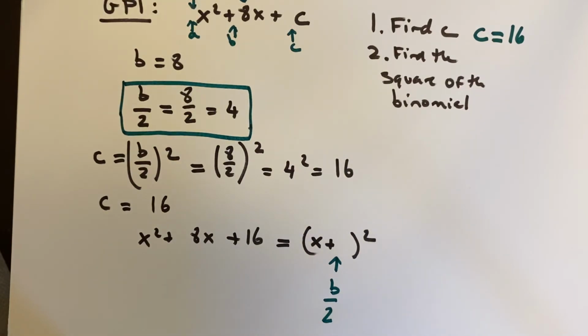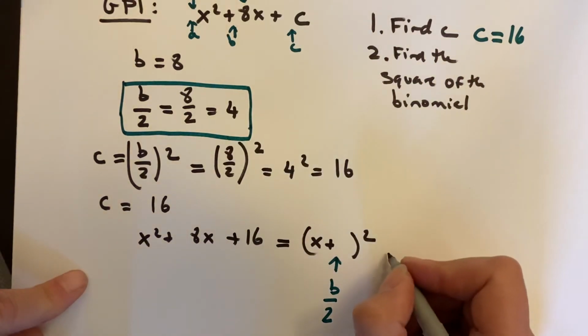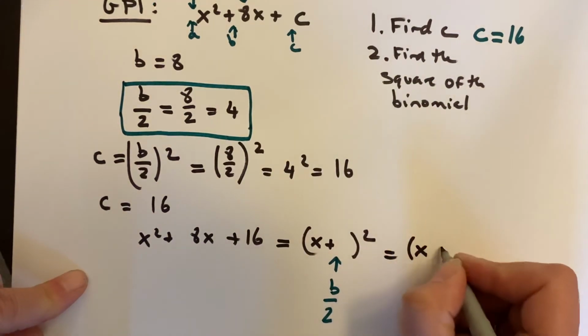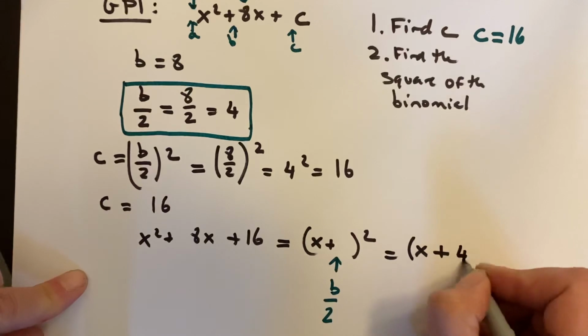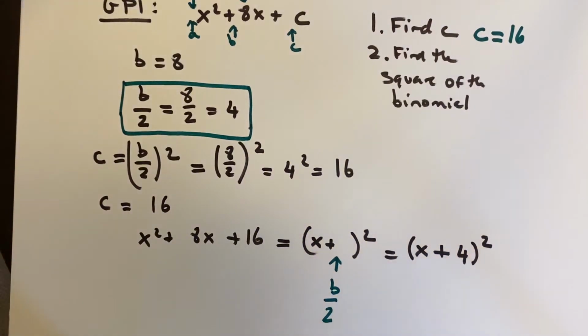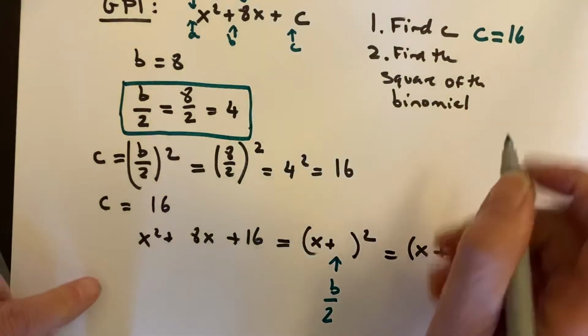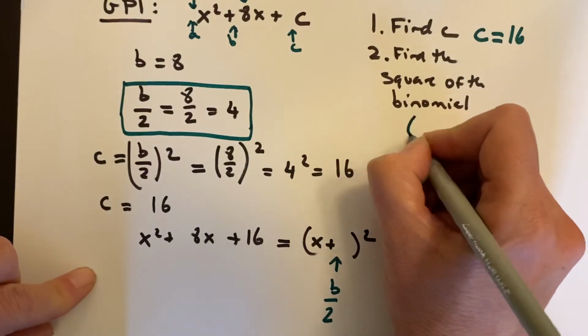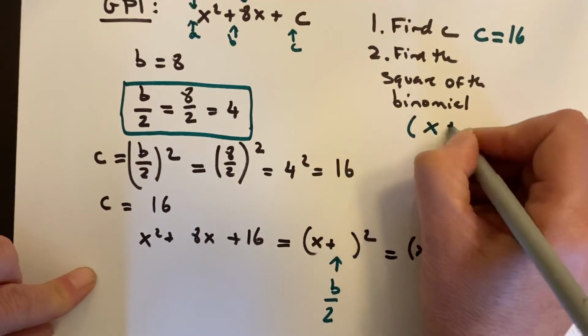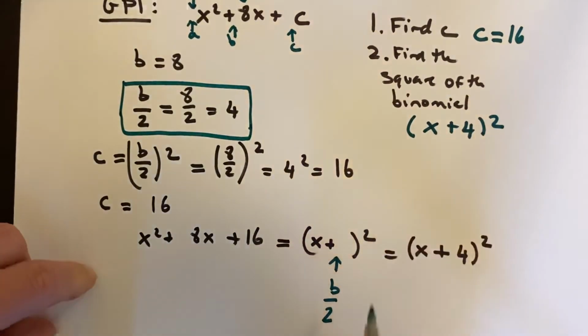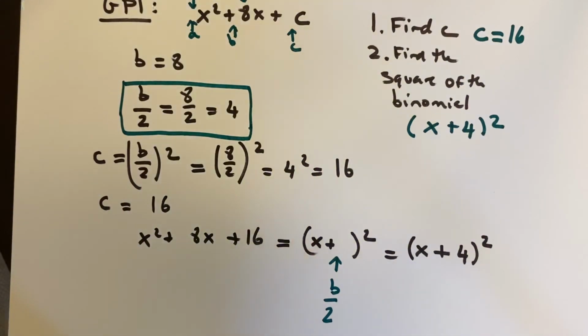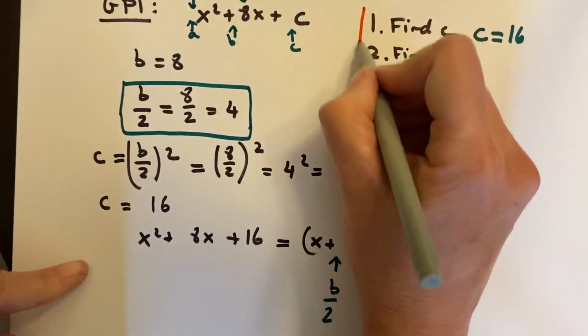So we're going to put in x plus 4 squared. And that is the second answer that they're looking for, which is x plus 4 squared.